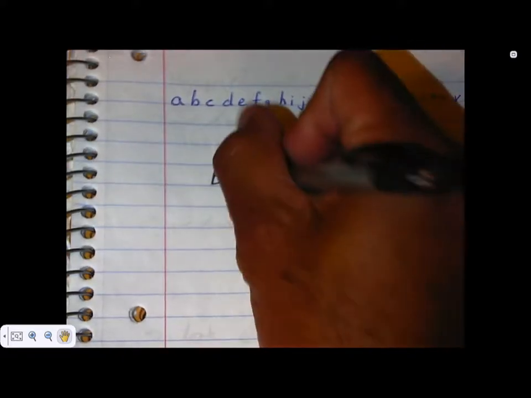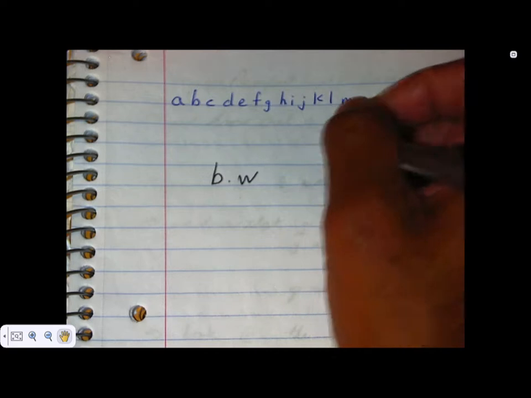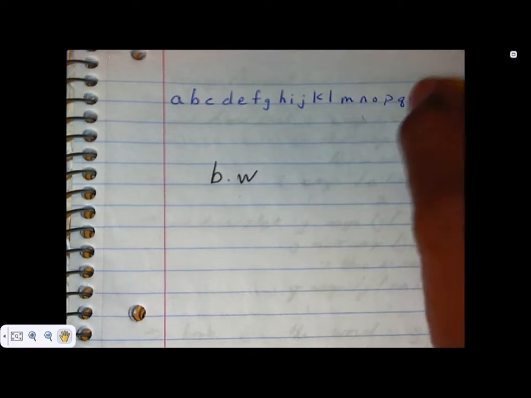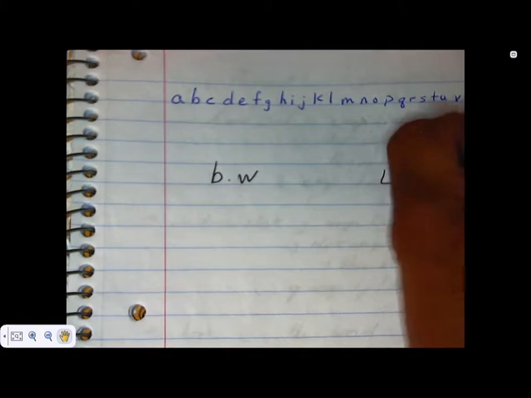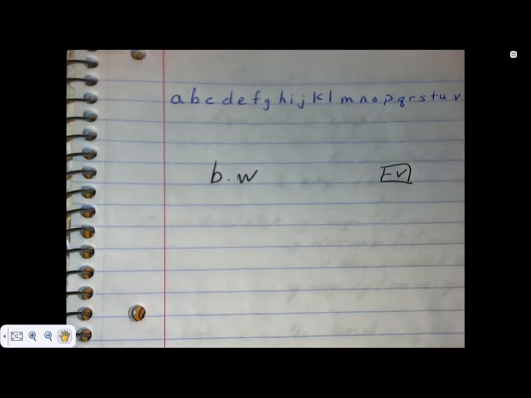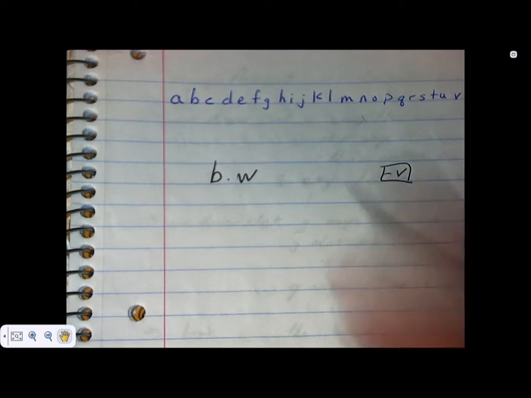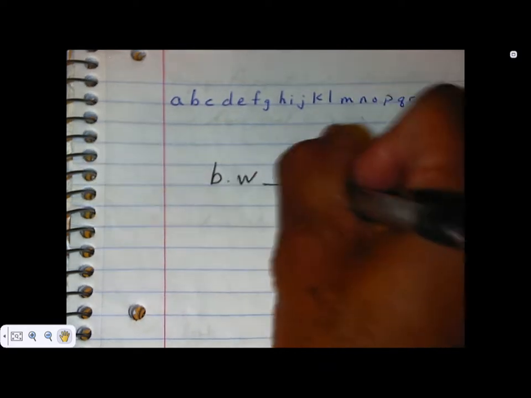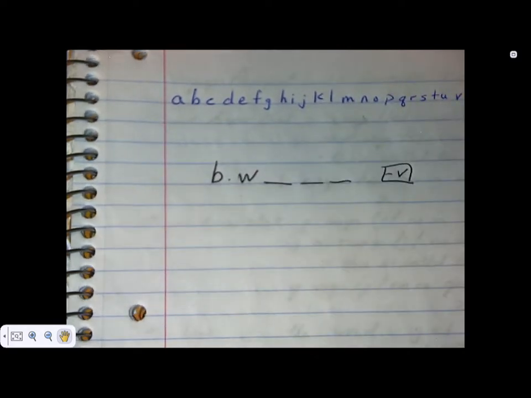And the rule is this: if you have a base word and you add a vowel suffix, you're going to look at the last three letters.